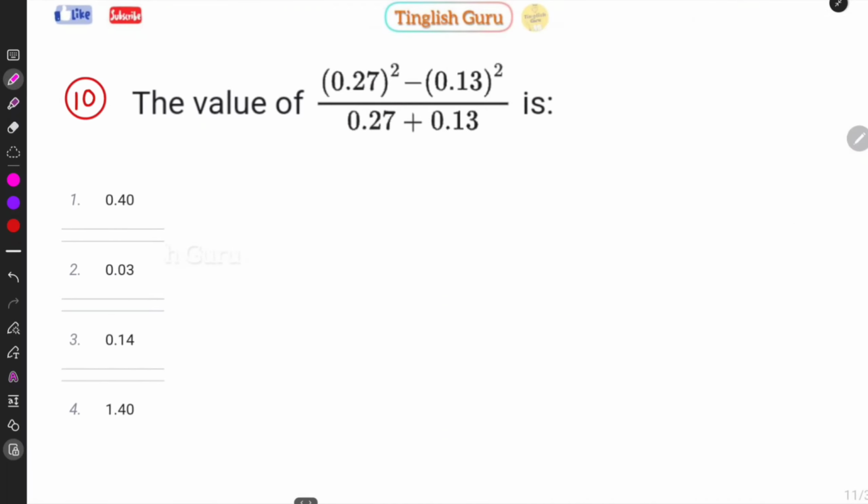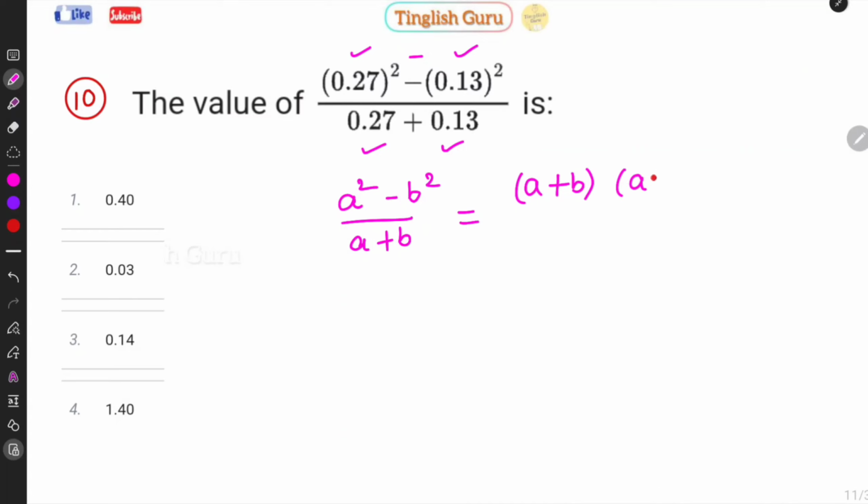Next, this is in the form of a square minus b square, and the denominator is in the form of a plus b. See, a square minus b square divided by a plus b. We can write a square minus b square as a plus b into a minus b.